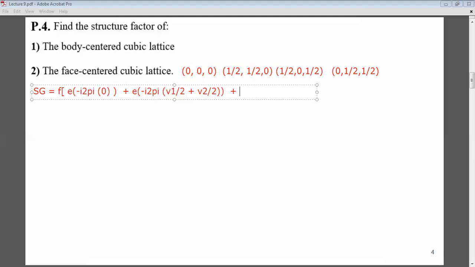And then I will get similar ones, e to the minus I 2 pi V1 over 2 plus V3 over 2, plus the last term for the last atom, e to the minus I 2 pi V2 over 2 plus V3 over 2.